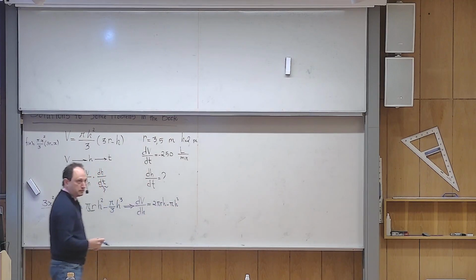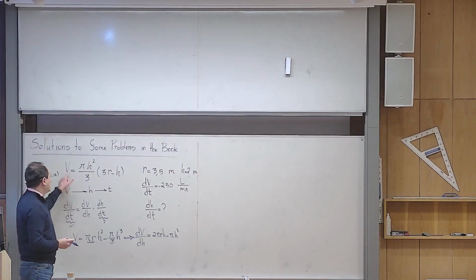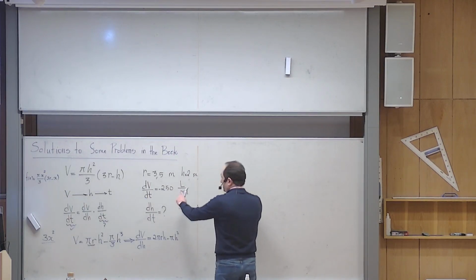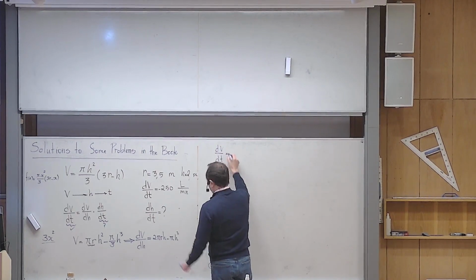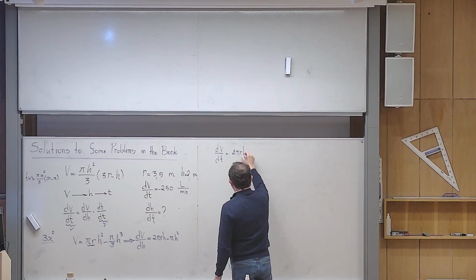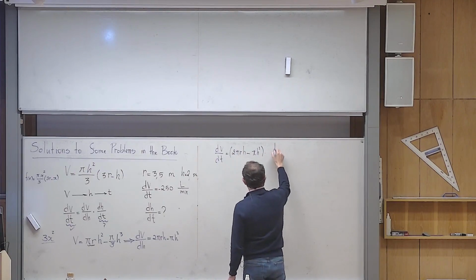So that's my derivative. Is that clear? Okay, so I will go back to this formula. Instead of dV/dt, let me write this for once. dV/dt is equal to dV/dh, this quantity, multiplied by dh/dt.